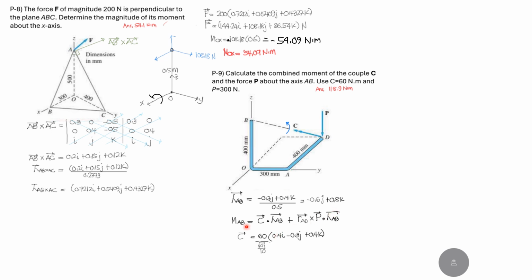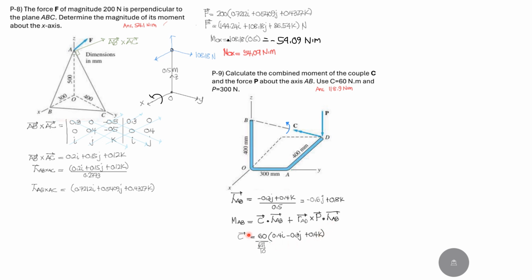So this is the combined moment of this couple and P. For the couple, we simply dot the couple vector with AB, and for the moment of P about axis AB, we cross r AD cross P. So from any point on the axis to a point on the line of action of the force, r AD, the simpler, cross P, then lambda of AB.